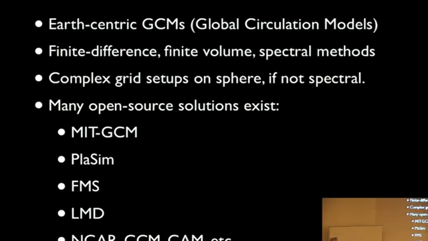Again, the results I'm going to show you throughout the next few slides are basically taken from the MITgcm, coming from MIT, PlaSim from the University of Hamburg, FMS, a code from Princeton, LMD, a code from France, and then NCAR CCM and CAM, which are codes made available as community codes. I think they come from the National Center for Atmospheric Research. All of these codes have been adapted to the study of exoplanets one way or another. There's probably more going on, but this is an example of what's available.